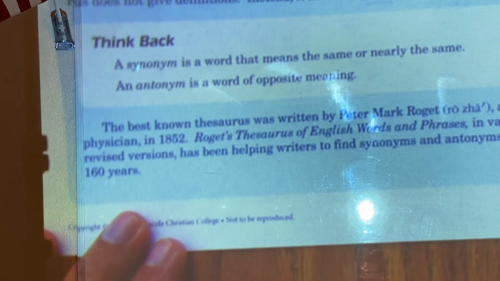Instead of writing the same words over and over again in your writing whenever you have to do a book report or come up with a project, using a thesaurus is going to give you other words, so your papers are not going to be so repetitive. You're going to have the opportunity to use other words.